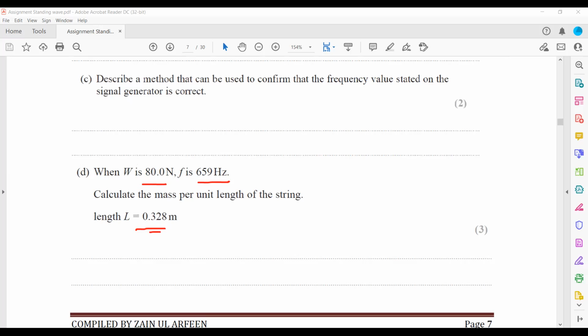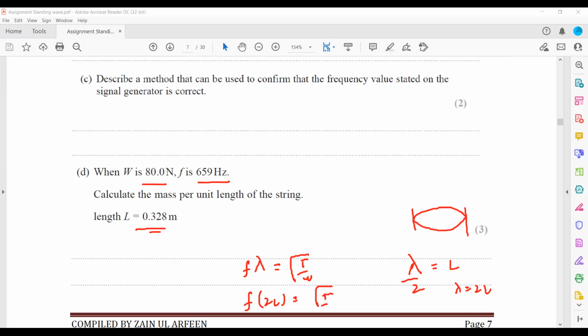We have the formula v is equal to f lambda, or we can say f lambda is equal to under root T divided by mu. And when it is vibrating in one loop, L is equal to lambda by 2, so lambda is equal to 2L. In place of lambda, we can substitute 2L. So f into 2L is equal to under root T divided by mu.